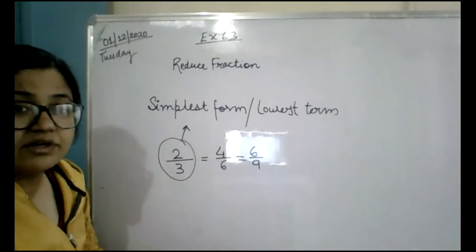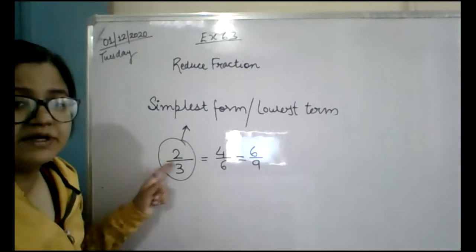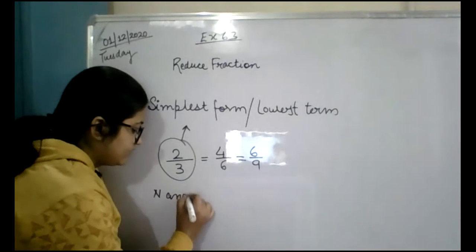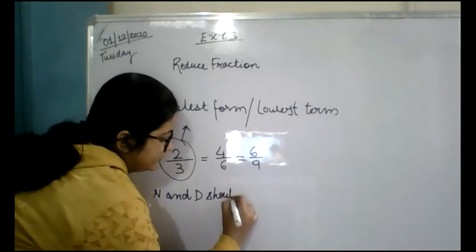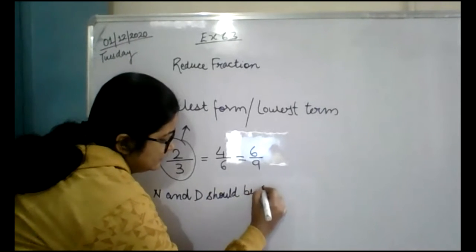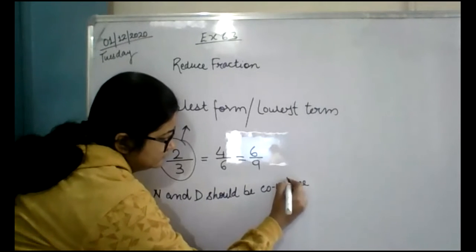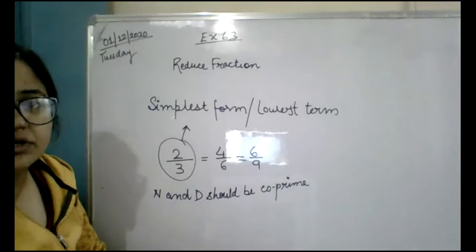Like you have read about co-prime numbers. In simplest form, numerator and denominator should be co-prime.